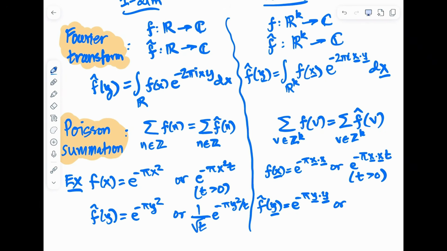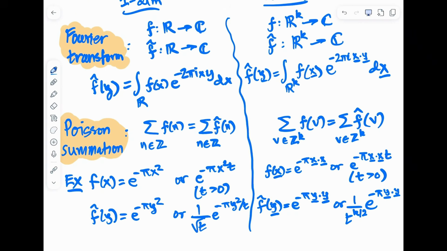Now, if you insert a positive scaling factor, things are slightly different. Instead of 1 over the square root of t, you get 1 over t to the k halves. So if k is 1, you get 1 over the square root, but otherwise it's higher powers of the square root, times e to the minus pi y dot y over t.